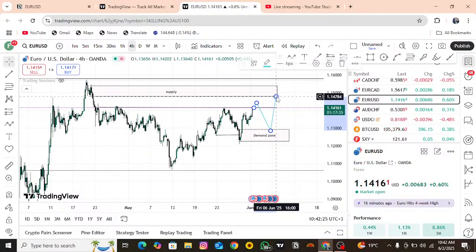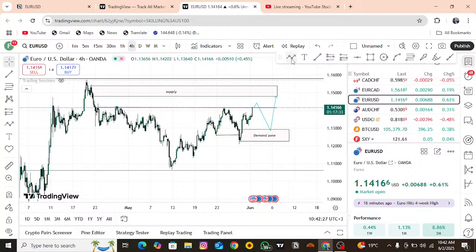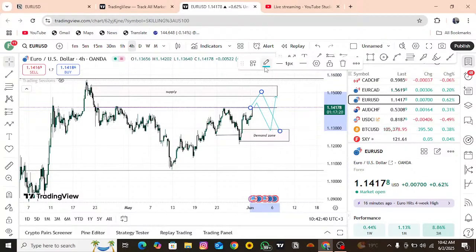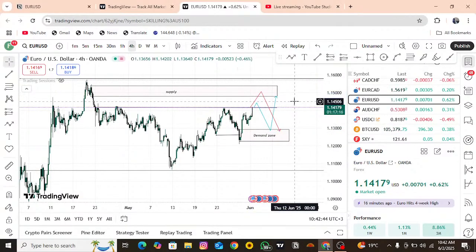So let me have these two possibilities, or even the market can come, mitigate the supply, come back for the demand to clear this in here. So these are the two scenarios that I'm looking at the moment.